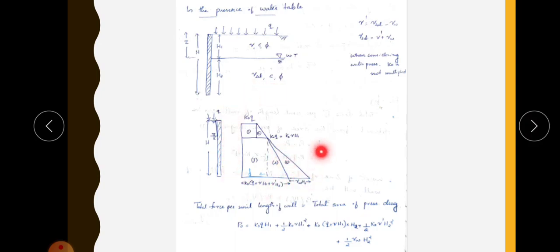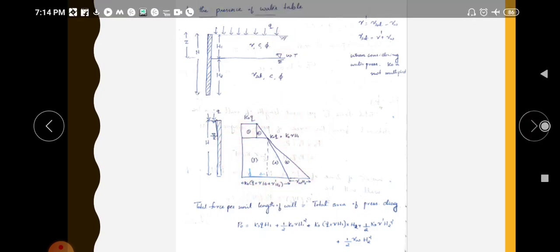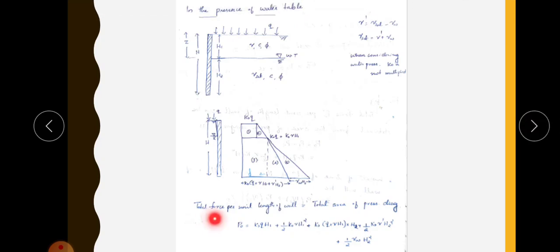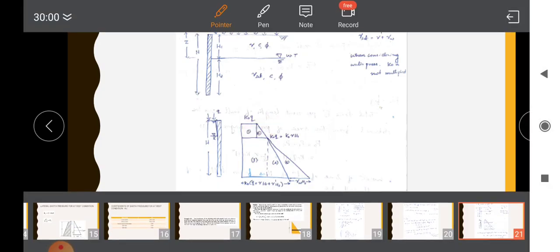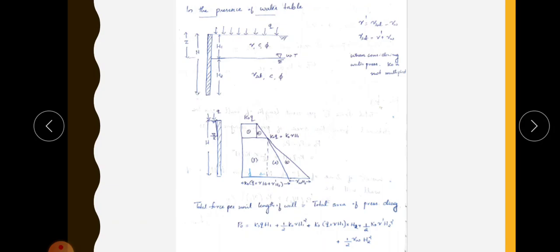So this is the final earth pressure diagram for this case, where there is a surcharge weight and also a water table. In order to find the total earth pressure force, we have to find the area of this whole diagram. We can divide it into different components, 1, 2, 3, 4 and 5, and by adding all these areas we can find the total force.